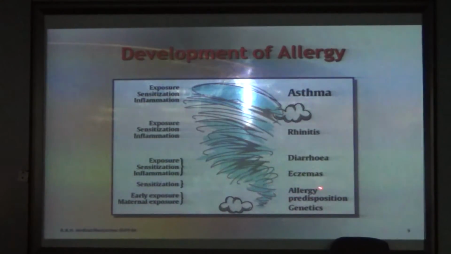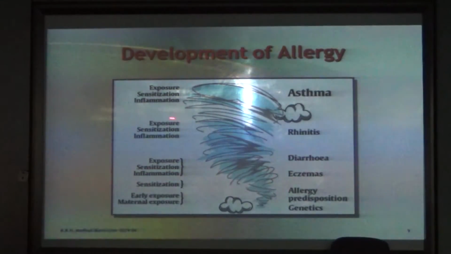It could basically be called an allergic predisposition leading into the asthmatic stage. You can have exposure, sensitization, and inflammation of the area if it has to do with the skin. People will have eczematic patches in the skin. They will also have diarrhea, which involves the GI tract.